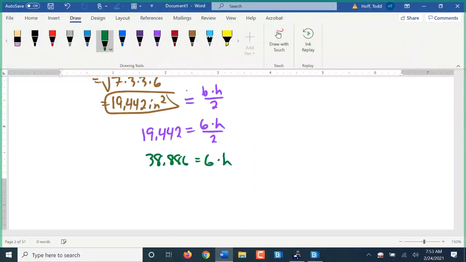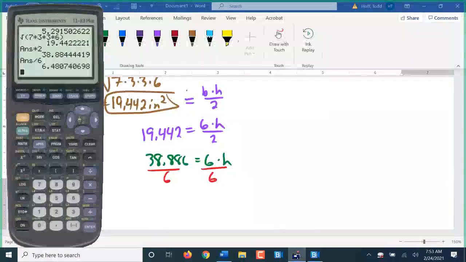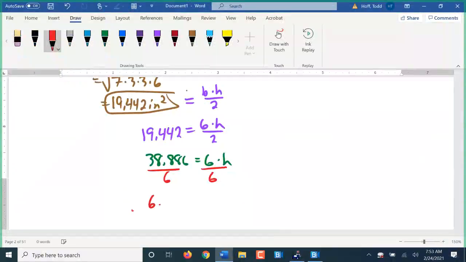Still equals the base of 6 times the height. Then we divide by the 6. 6.481. Slightly different than what we got up here. It's just a round off here.